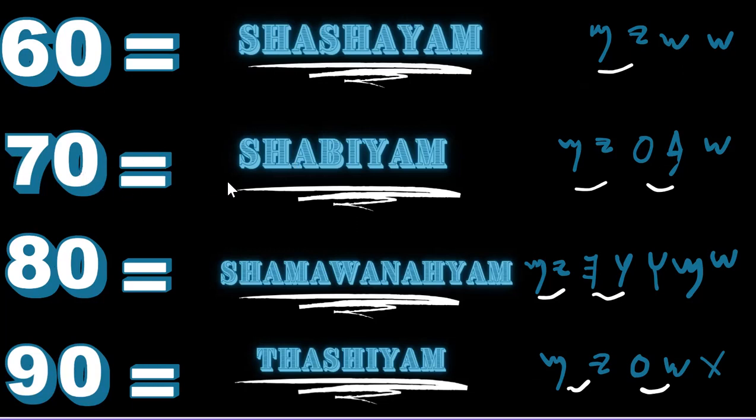Achad Shabayim, that's 71. Shanya Shabayim, 72. You see, it's basically the same process.